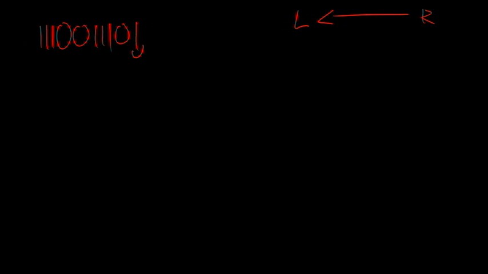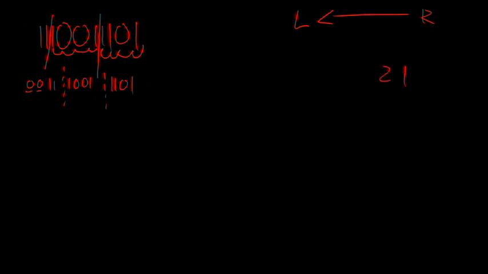So 1, 2, 3, and 4, split, 1, 2, 3, and 4, split. Just like that. And we can just put some imaginary zeros here to become 4 digits.